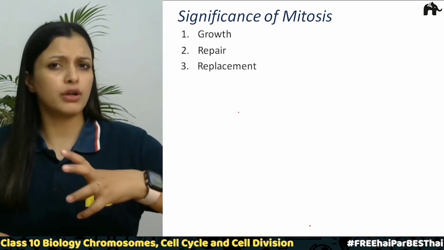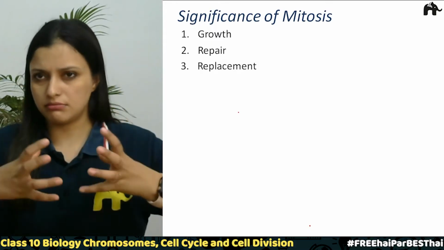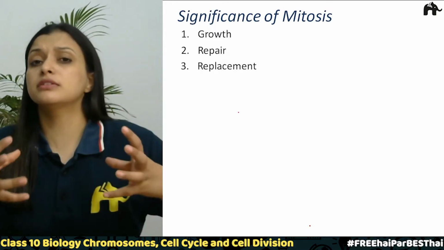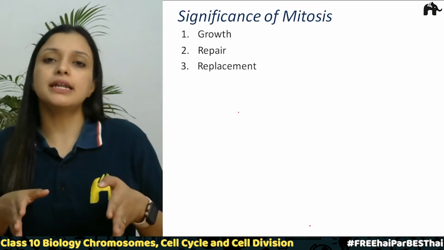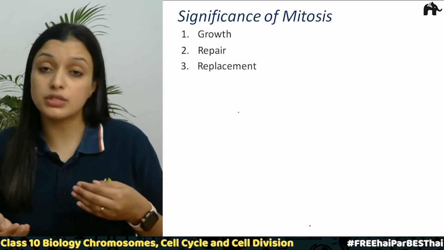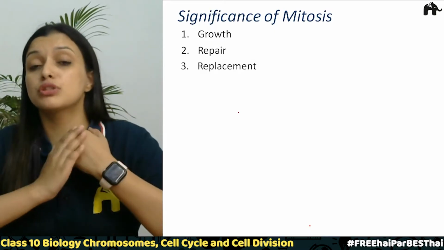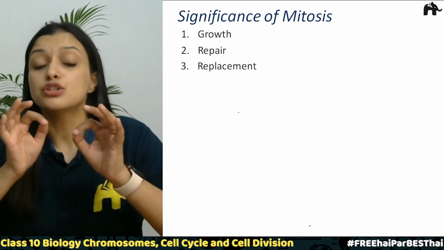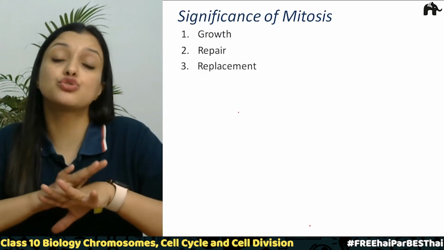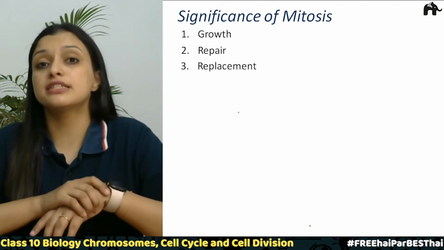They are formed when a body is growing, like the nervous cells. Once they get damaged, they will never be replaced. But there are some cells which are lost on an everyday basis, like the skin cells, the epidermal cells. So these cells need to be replaced every day, right?